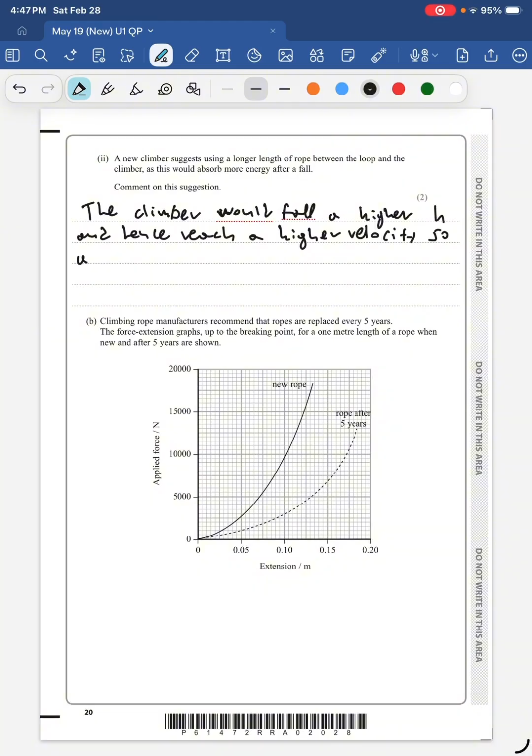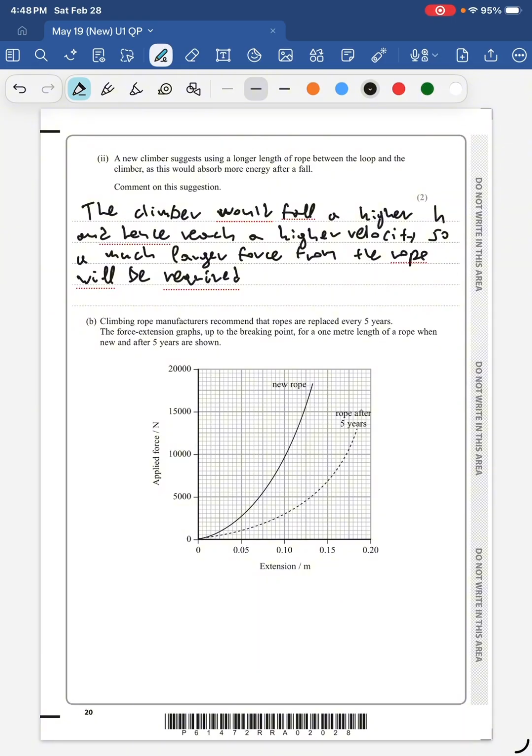So a much larger force from the rope will be required to stop them. So not a good idea.